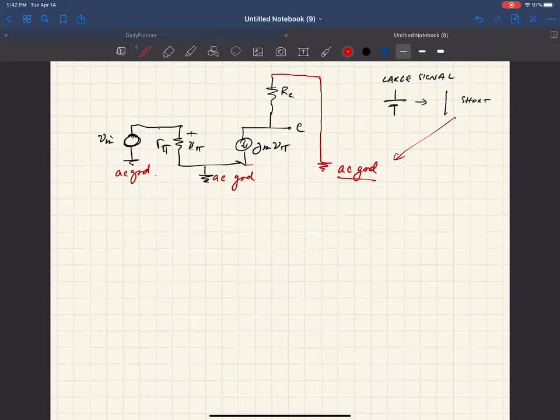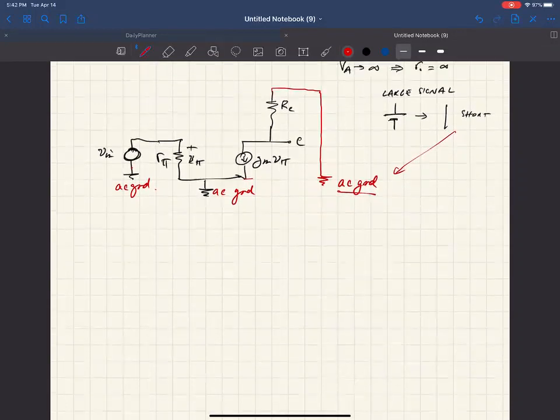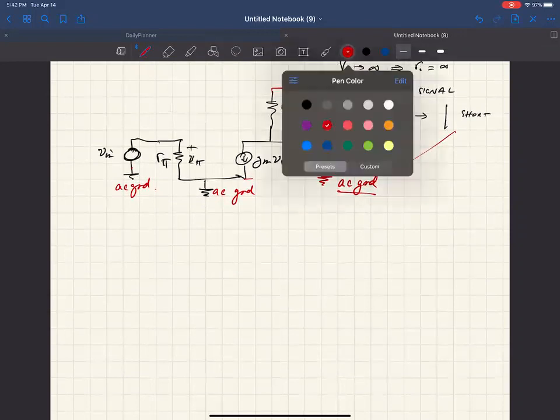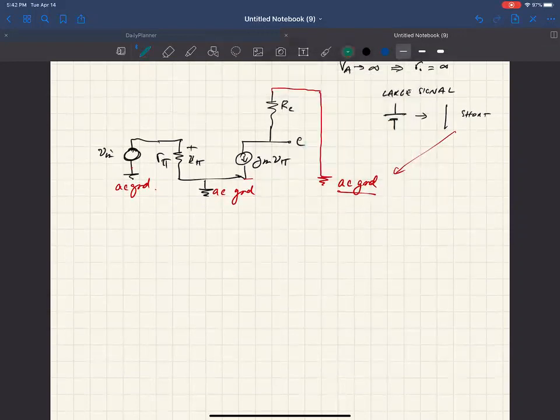Okay, and then if we just look at the circuit, because V in is directly connected across R sub pi, V sub pi is just equal to V in.